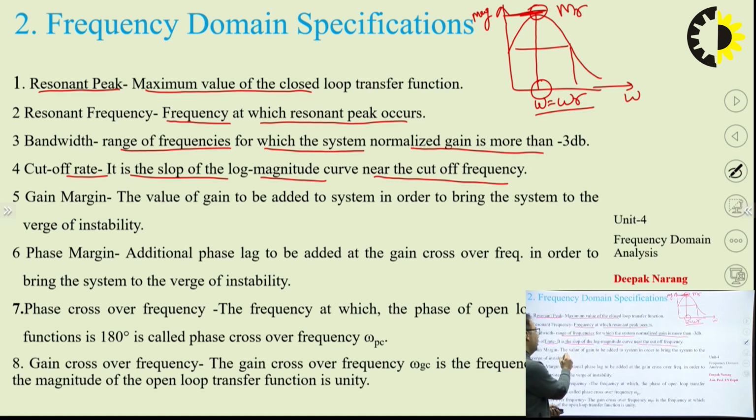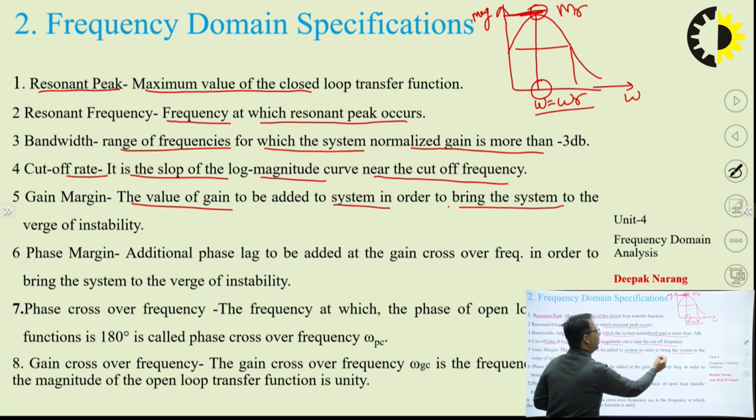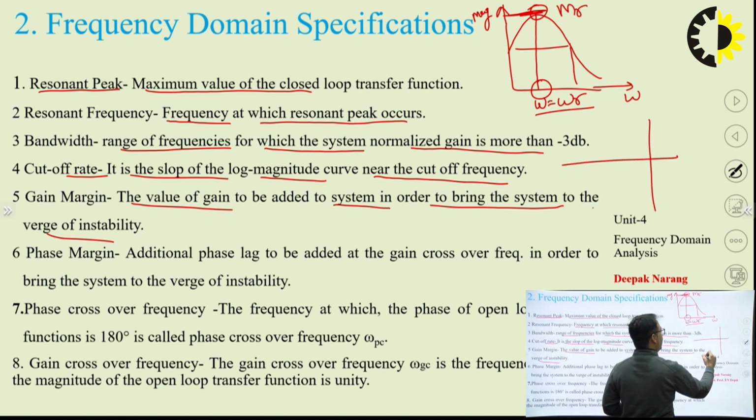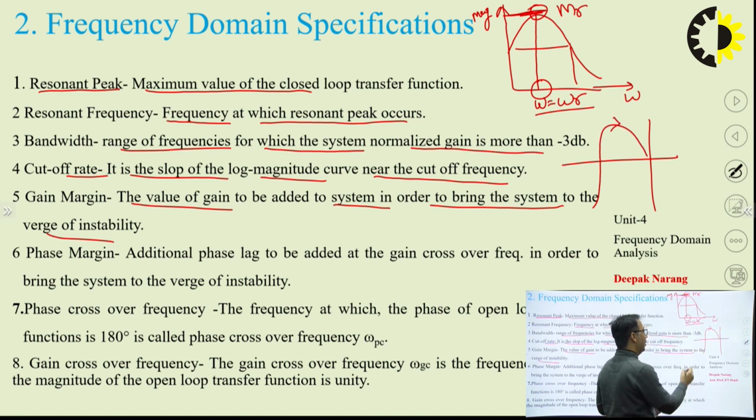Gain margin is the value of gain to be added to a system in order to bring the system to the verge of stability. For example, if this is the frequency response of any system and it is having this value as an intersecting value, this is our critical point minus 1 plus j 0.